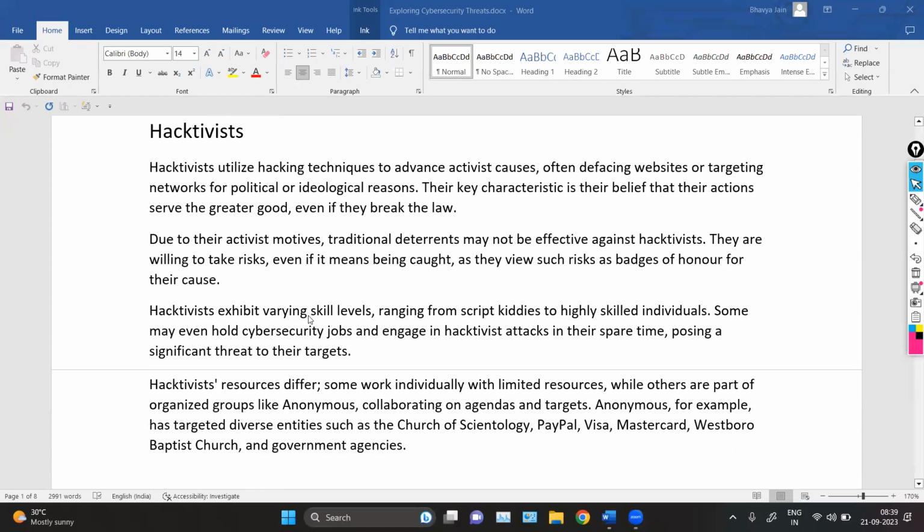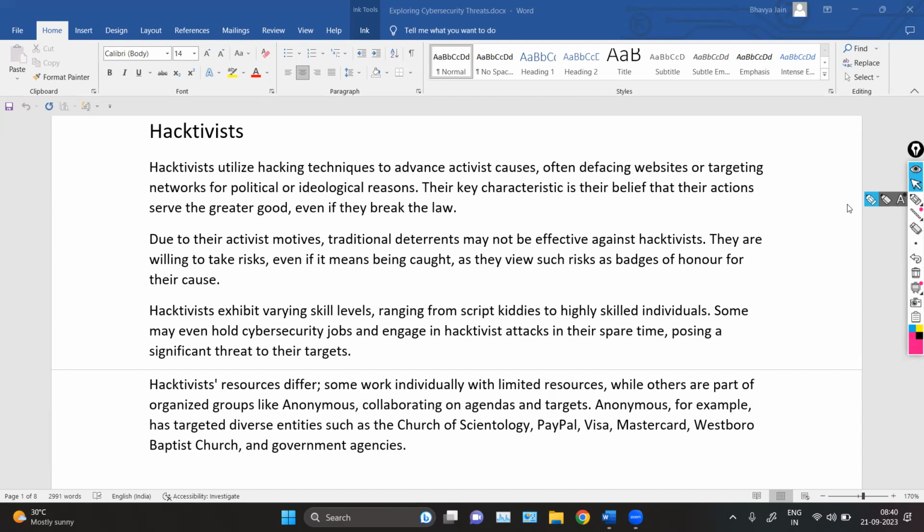Then we have hacktivists. Hacktivists utilize hacking techniques to advance their causes, often defacing websites or targeting networks for political or ideological reasons. So basically, they are people who hack for a particular purpose. For example, they hack for the government, or for a political reason. If they want to spread their religious or political agenda, they can also hack for that.